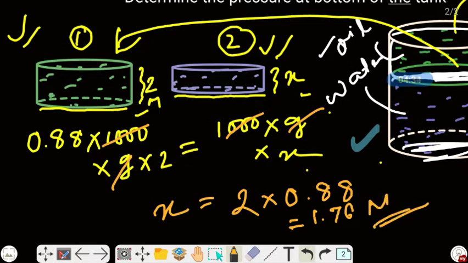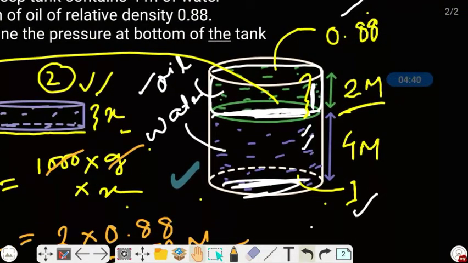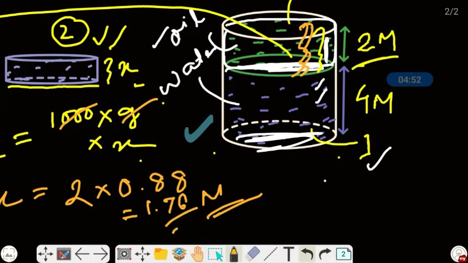So from here we can conclude that this amount of 2 meter of oil can be replaced by 1.76 meter of water. So in the equivalent tank, let's draw an equivalent tank.